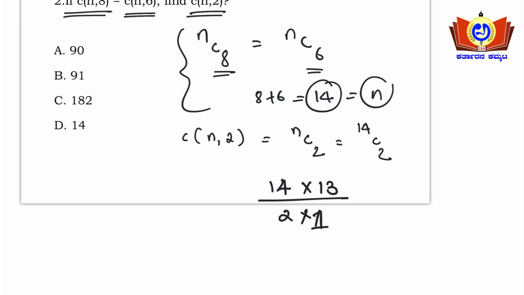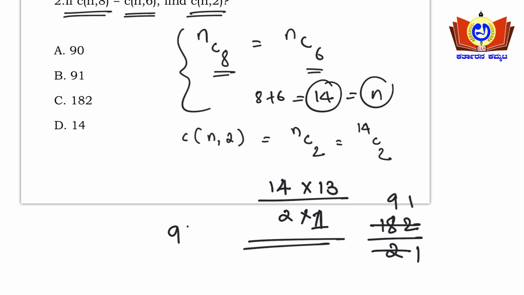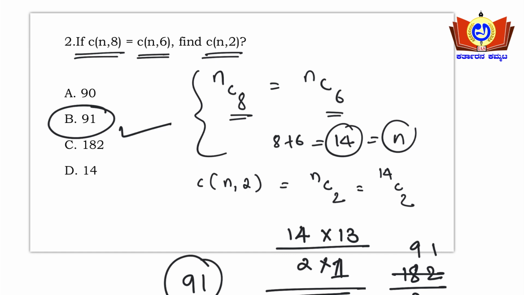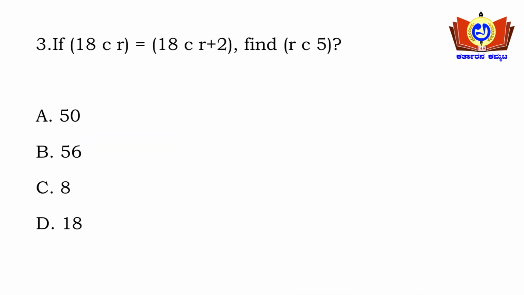Upon solving this, what will we get? 14 into 13 is nothing but 182, upon 2 into 1 is 2, so 2 ones are 2, and 2 nines are 18, 2 ones are 2, so 91 is the answer here. Option B is the right answer here. So when you know the shortcut trick, solving in one step only, you will be arriving at the answer in one step only. Okay, moving on to the next question.